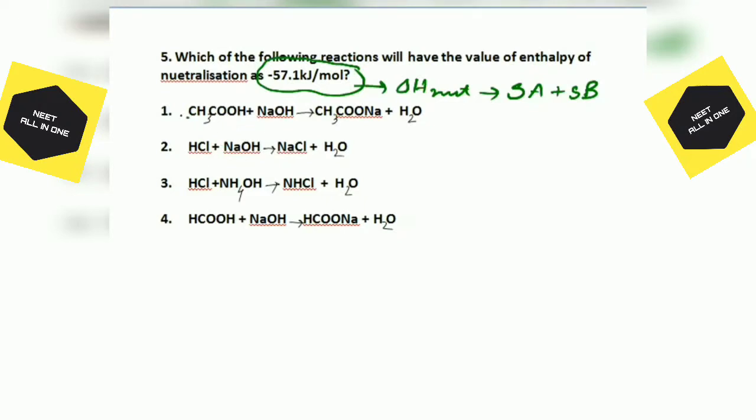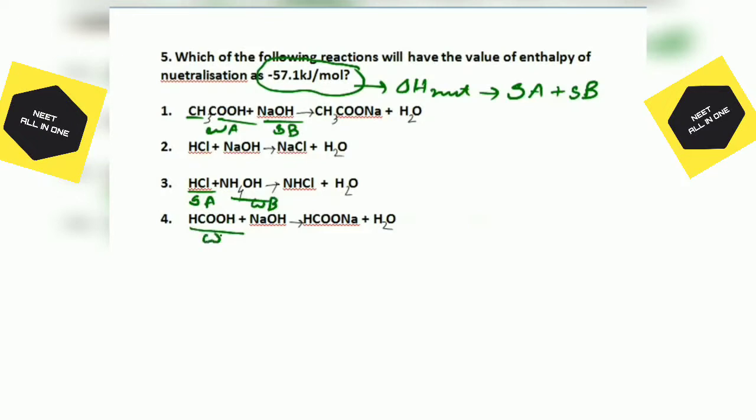So here we can see in the first option it is a weak acid, but it is a strong base, so it can be ruled out. For the third case, it is a strong acid, but NH4 is a weak base, so it can also be ruled out.